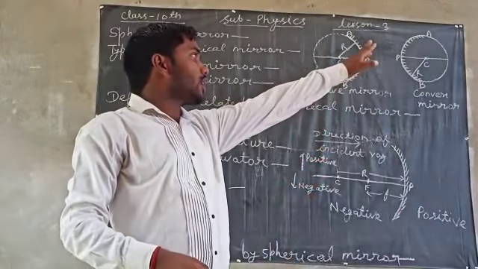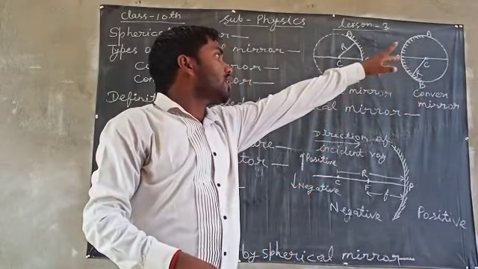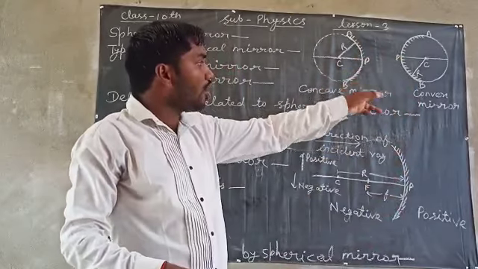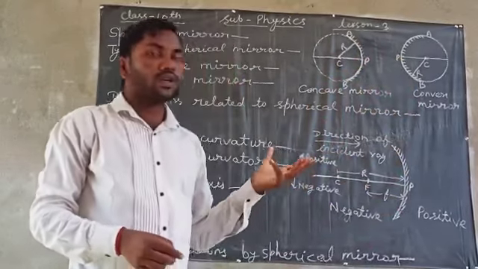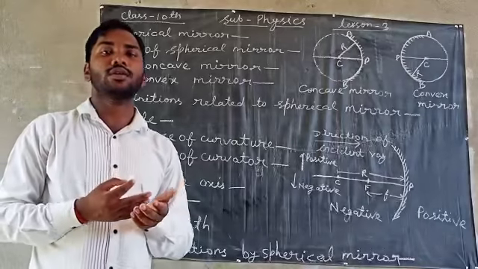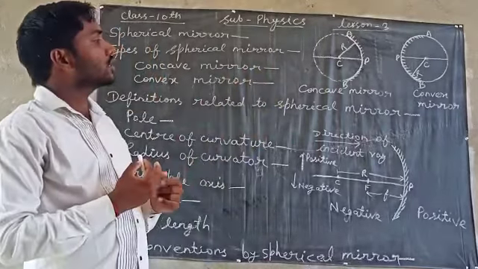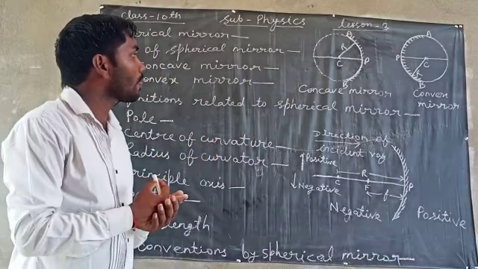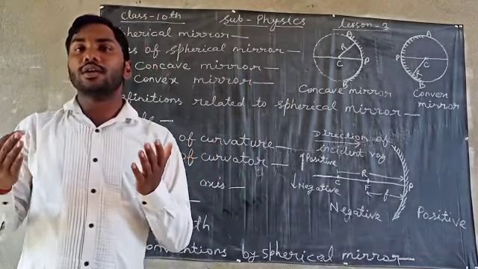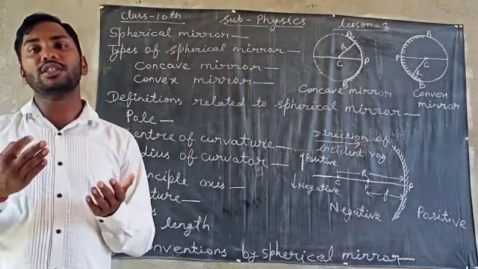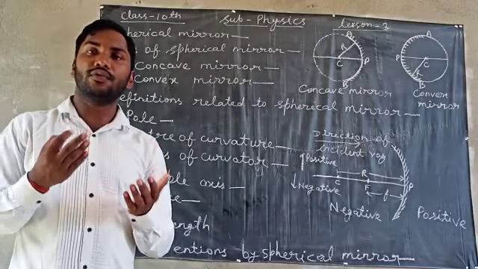APB is the part of a whole sphere. So this is a convex mirror. In a convex mirror, the image will always be upright and virtual.